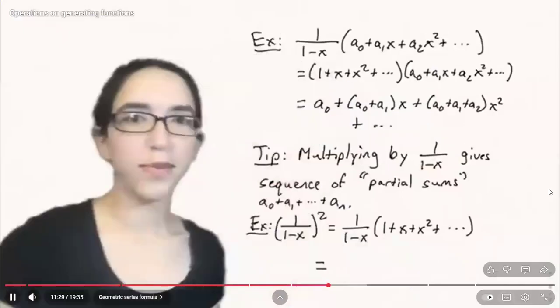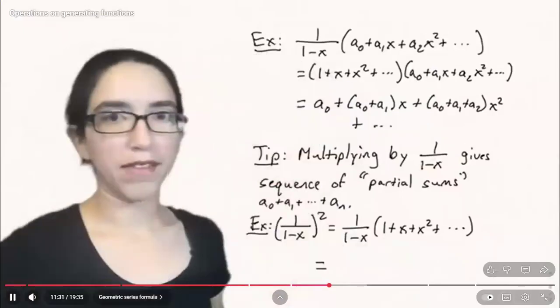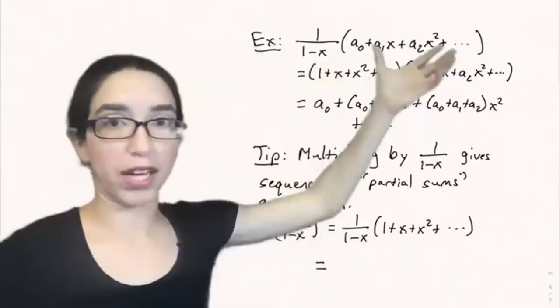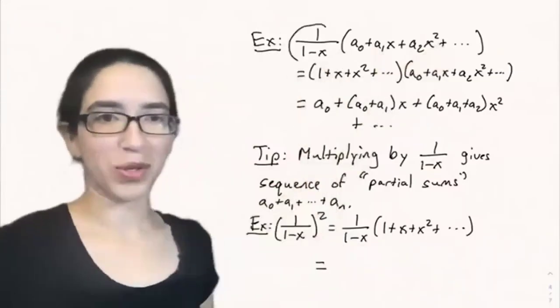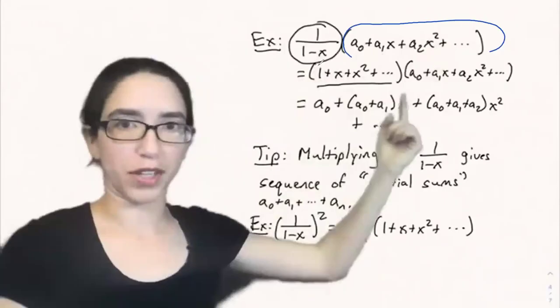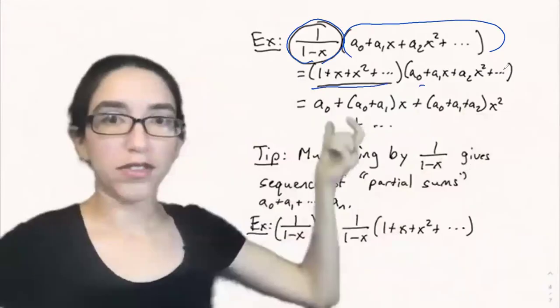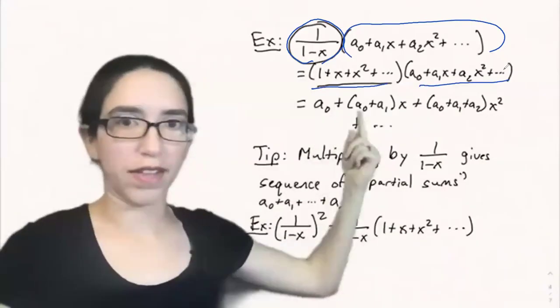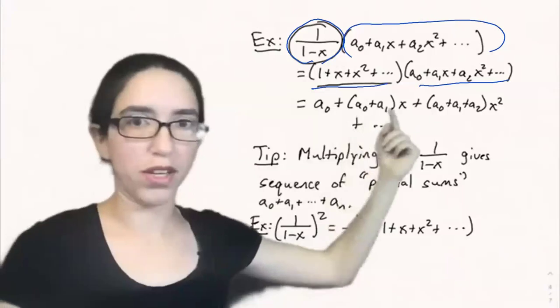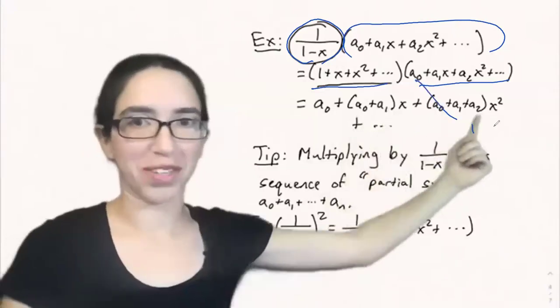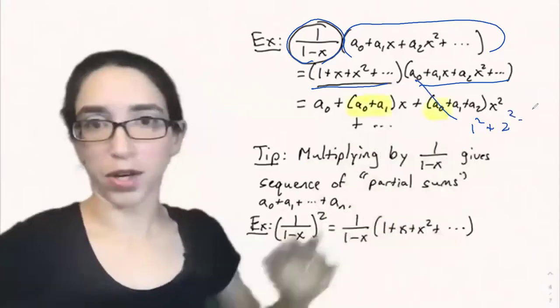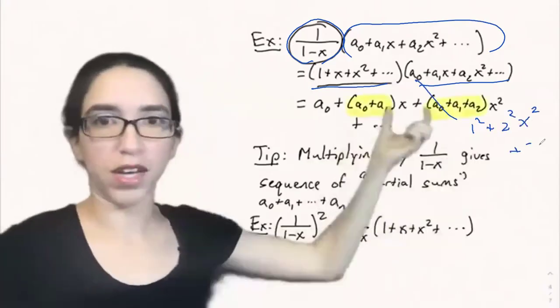Okay. This one is a very important idea. So when you have this kind of thing, by multiplying this one, what happens? A0 is 1 squared, then 2 squared x squared, 3 squared x cubed, something like that.